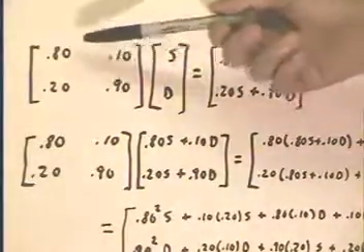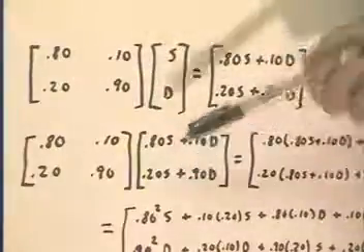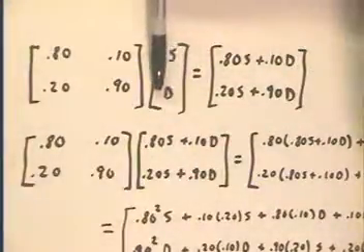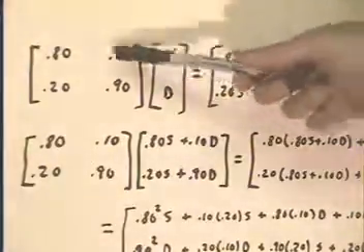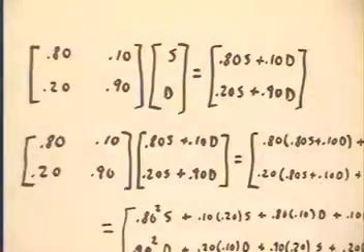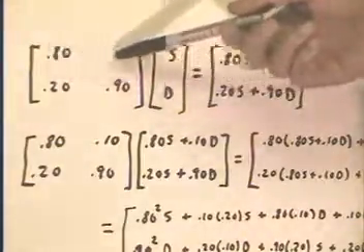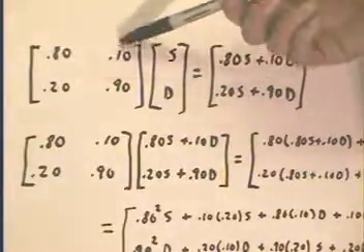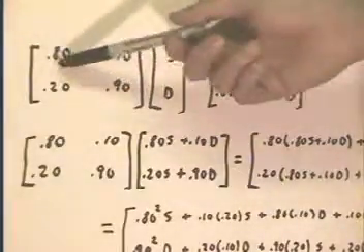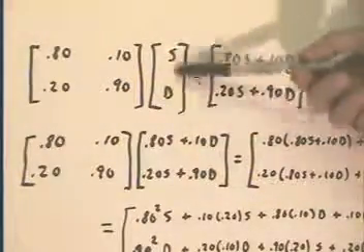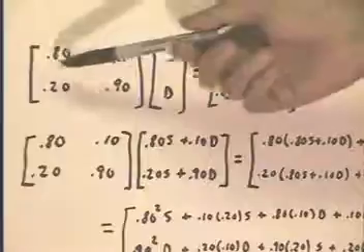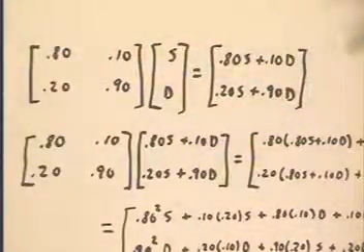When we do either of these things, stack a bunch of rows of equal length, or put a bunch of columns of equal length side by side, and enclose them in brackets to indicate that we're talking rows and columns here, then we call this a matrix. So we'd have this matrix 0.80, 0.10, 0.20, 0.90. This is a row, and this is a row, multiplied by S, D, the column. Now both of these rows get multiplied by the column.